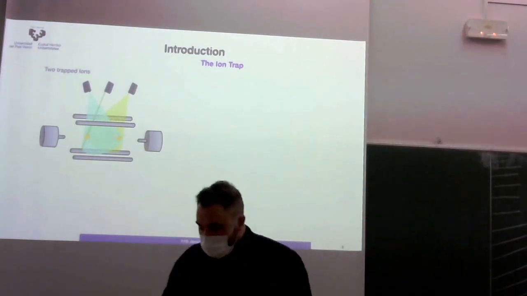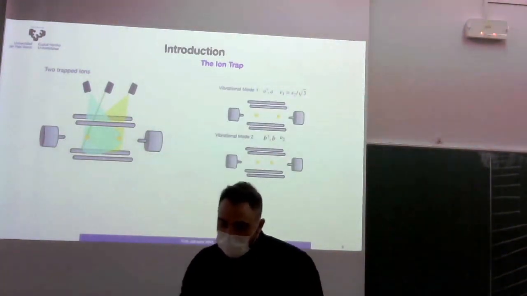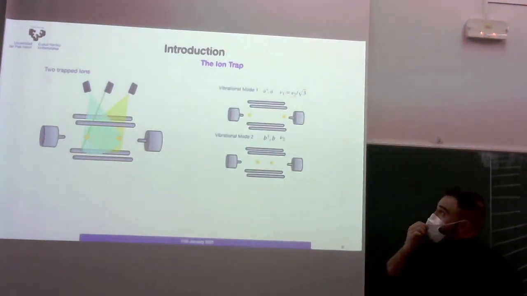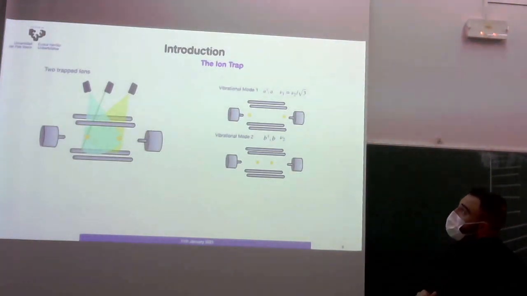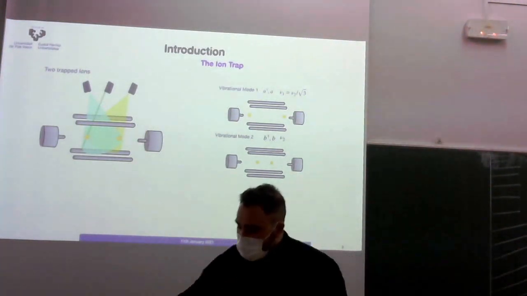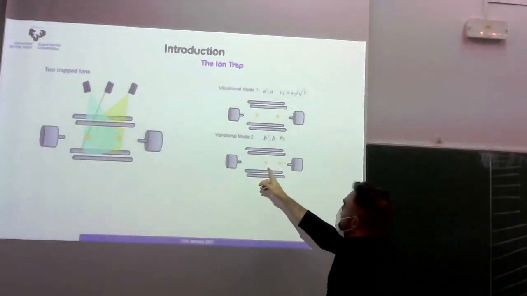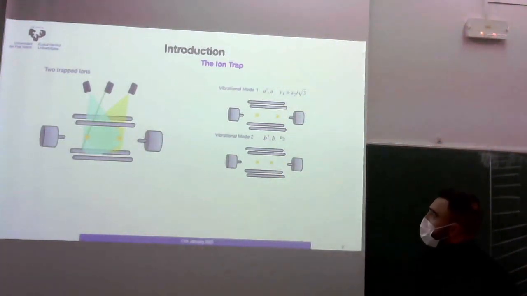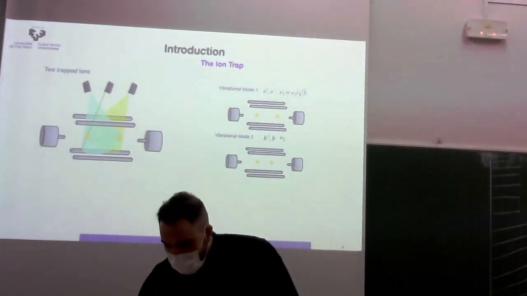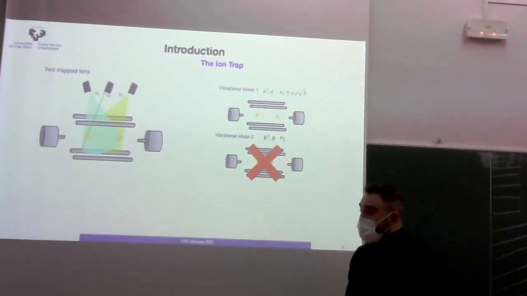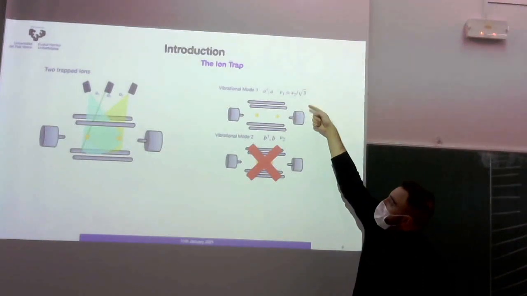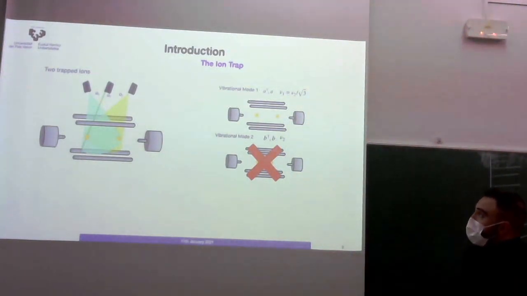So just to remind you, we have in this case in this ion trap two vibrational modes. We'll have the first one, which will correspond to this movement, and the second one that corresponds to this movement of the ions. Because of the difference of frequencies, we can ignore the second vibrational mode.